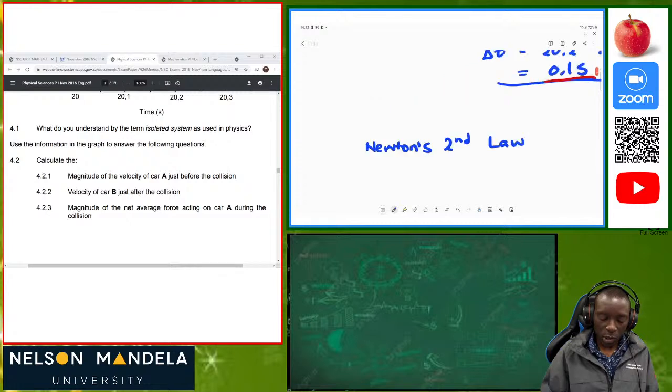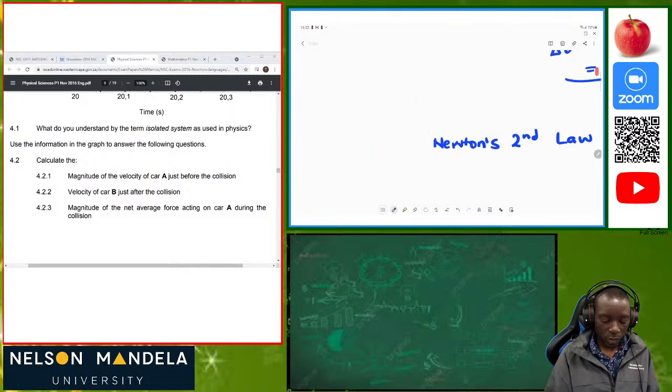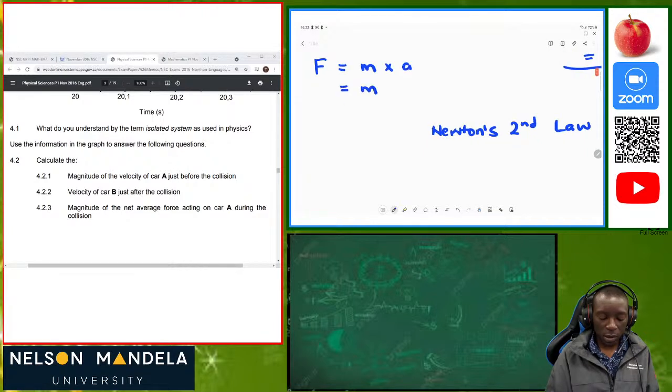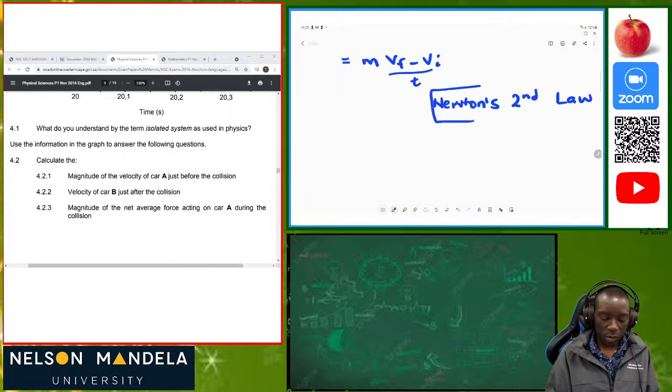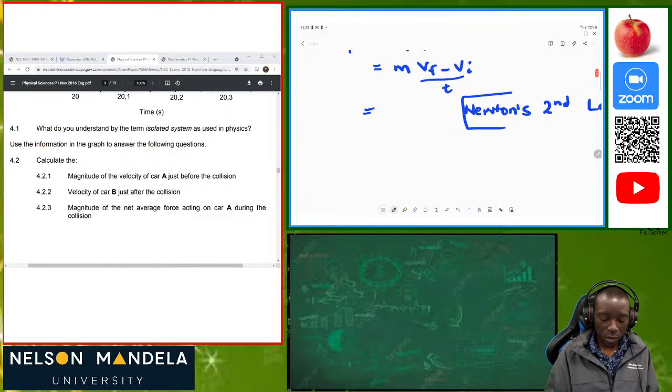from Newton's second law, the net force is equal to the product of mass times acceleration, and this is mass times V final minus V initial over t, which is mVf minus mV initial over the time it takes for the change.